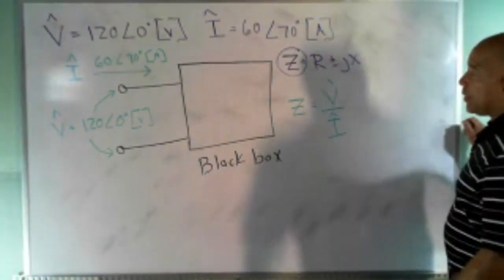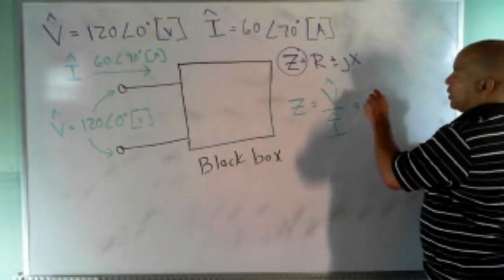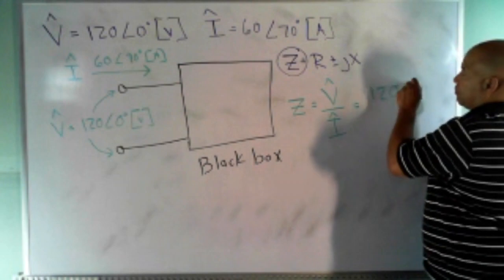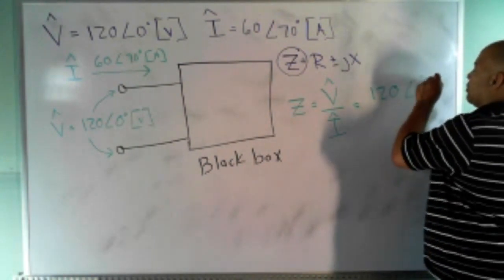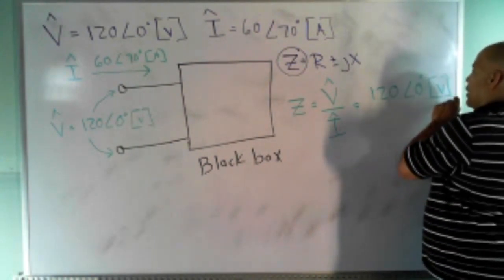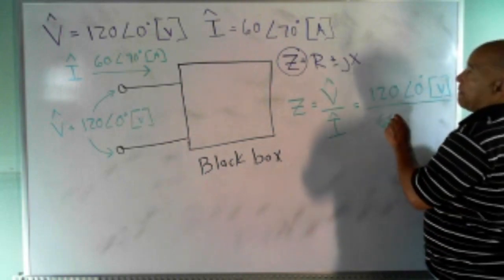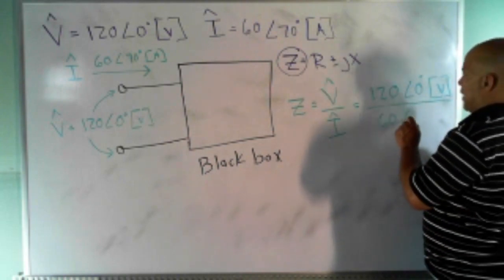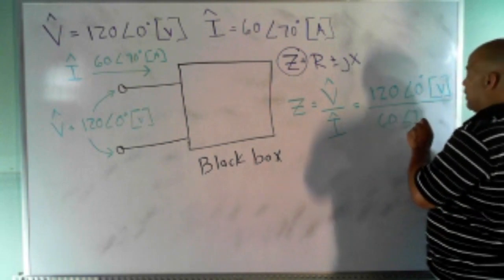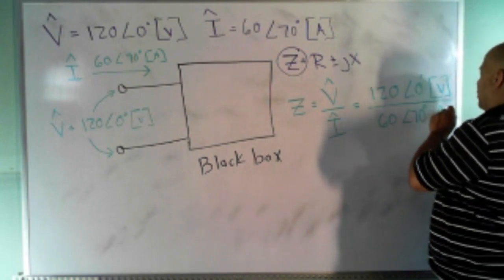That's what I would do. So I'd have to divide this 120 volts divided by 60 at an angle of 70 degrees amps.